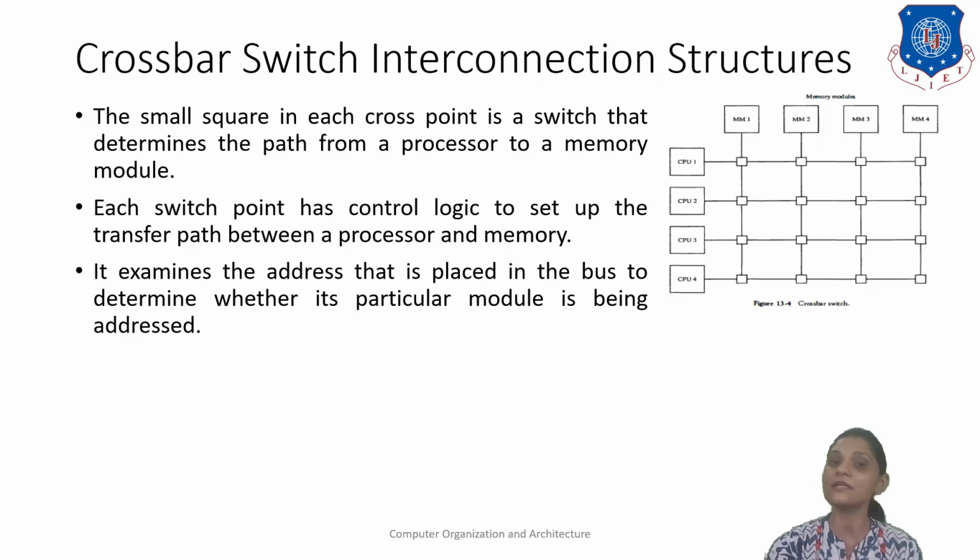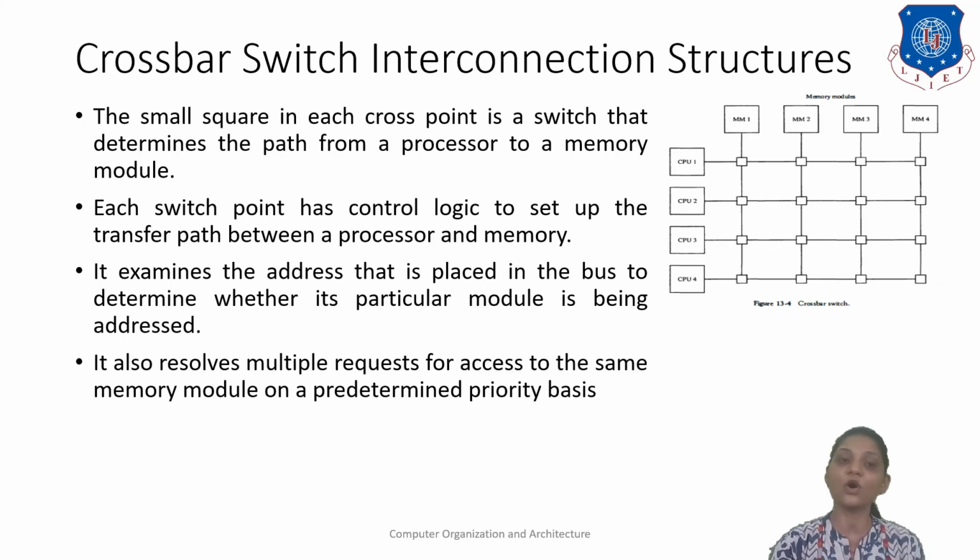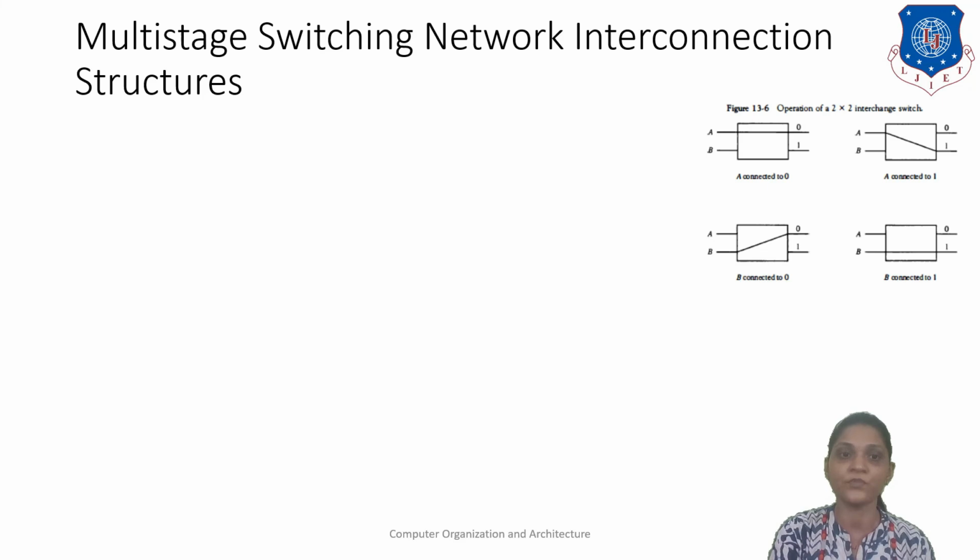It examines the address placed on the bus to determine whether this particular module is being addressed or not. It also resolves multiple requests for access to the same memory module on a predetermined priority basis. Multiple requests at the same time can be a complexity, but we can solve that problem with these crossbar connections.